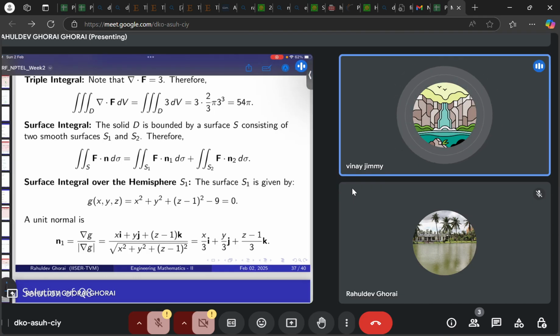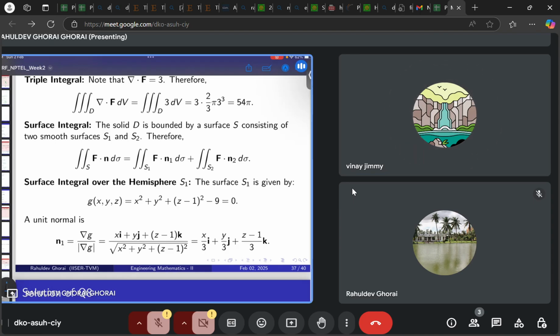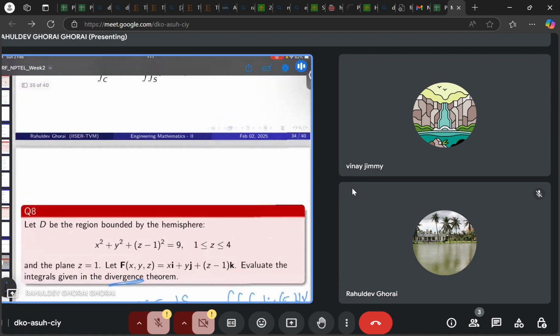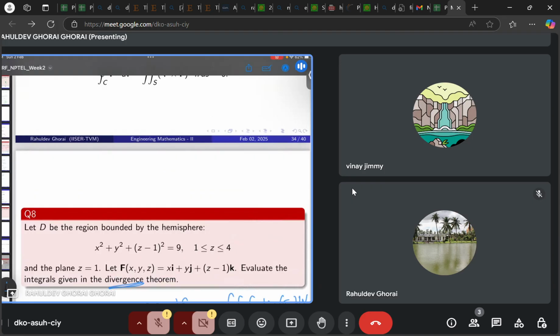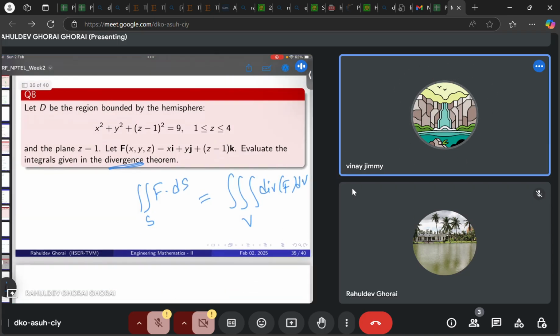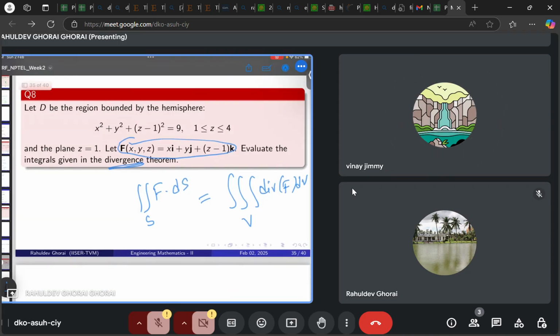There will be fewer questions on divergence, though there can be one because one full class was on the divergence theorem. Divergence is easy. Just take the derivative of each component with respect to x, y, z, and add. That is divergence.